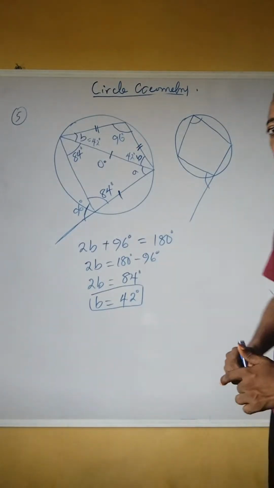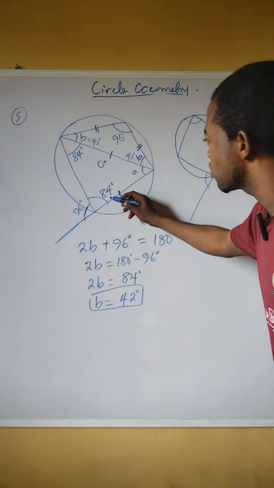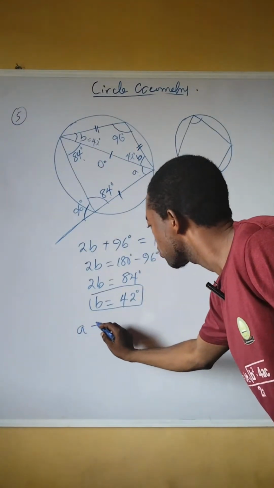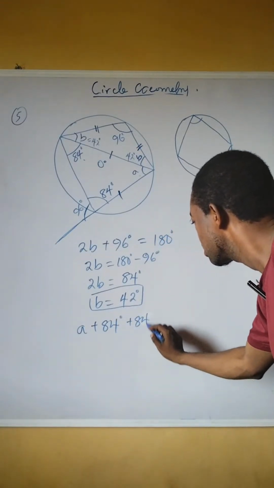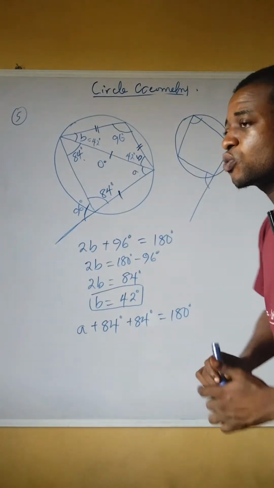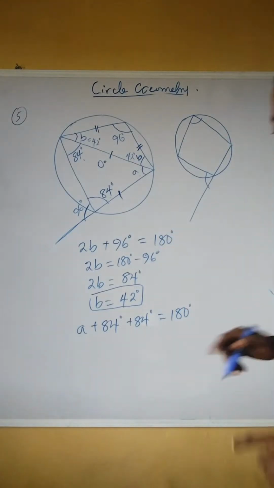Are we following now? So it's a base angle, and now we can get the value of A. How? By adding this 84 plus 84 plus A will be 180 degrees. So we can now say A plus 84 degrees plus 84 degrees is equal to 180 degrees. That's the sum of angles in a triangle. So whenever we have a triangle, the angles there sum up to 180 degrees. Now add this together.